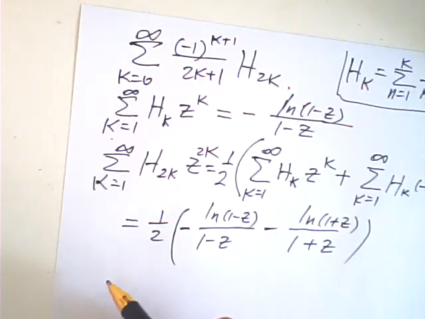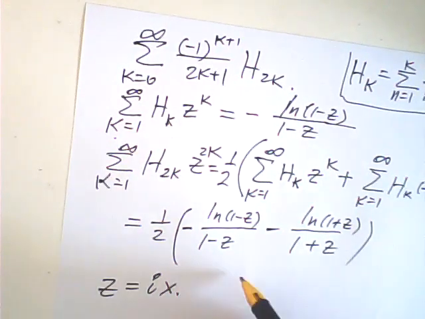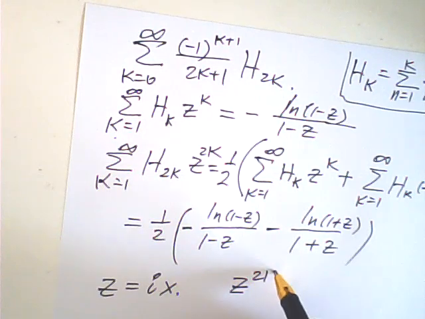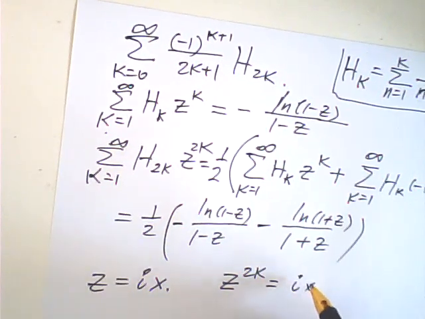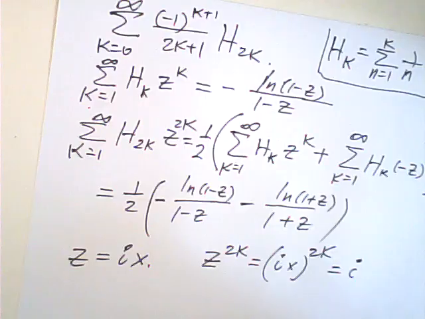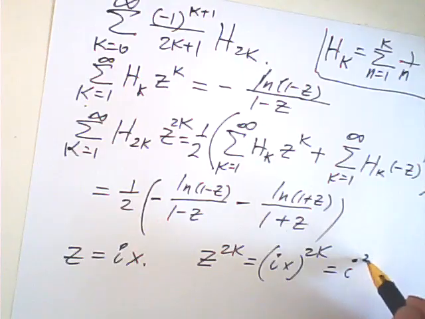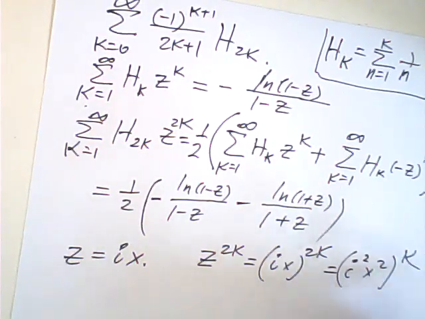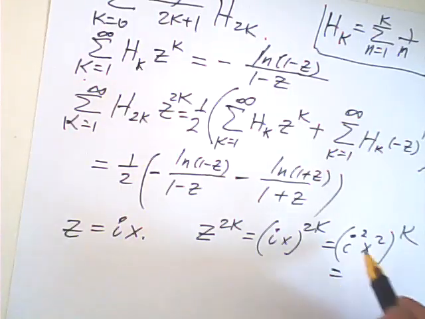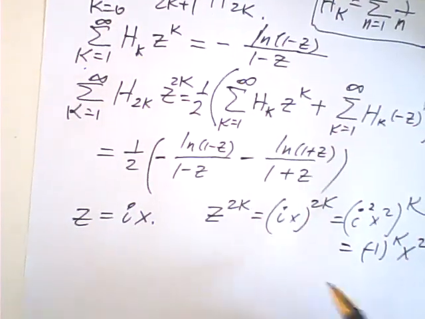Okay, when z equals ix, the z to 2k will be ix to the 2k, which equals i squared, x squared to the k, right? So this is negative 1 to the k. See, that comes alternating. That's what it meant.